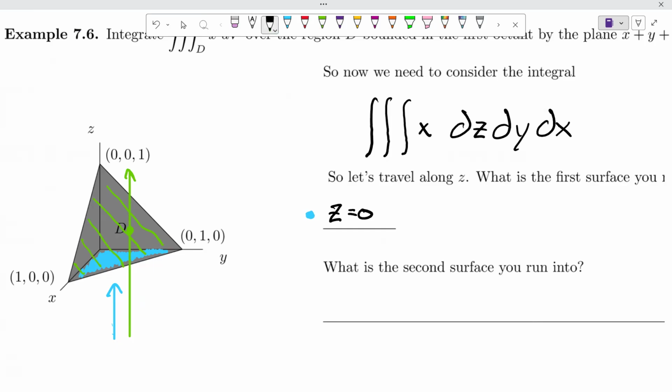That thing is the plane x plus y plus z equals 1.